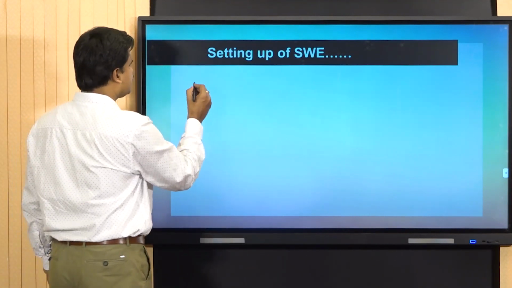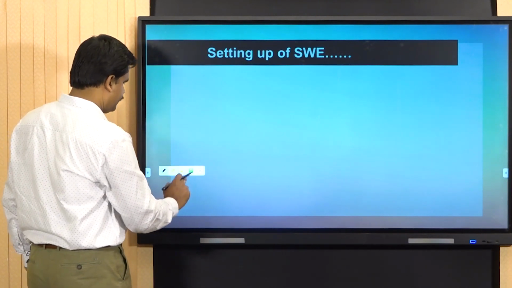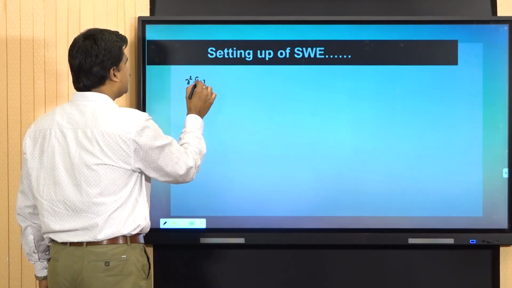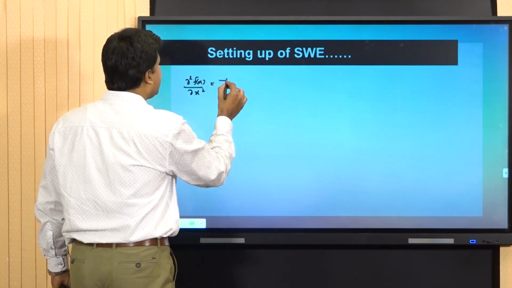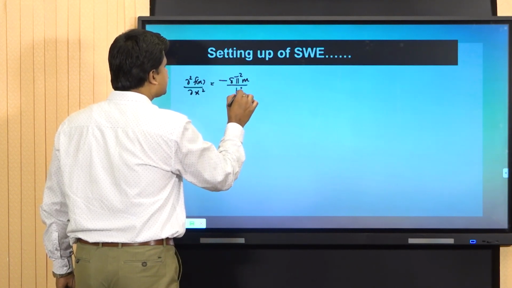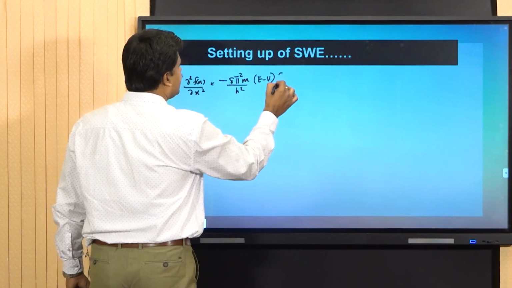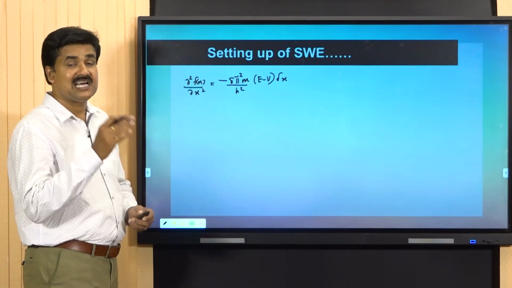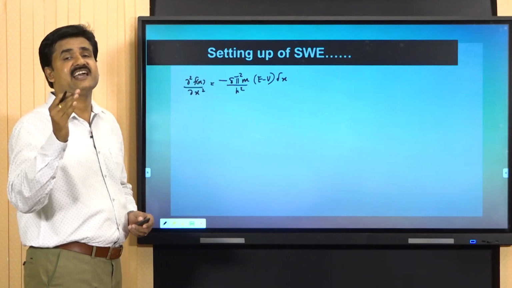Thus, I got the relation ∂²f(x)/∂x² equal to minus 8π² m by h² into E minus V into f(x). This equation represents the motion of a wave along the x direction only.